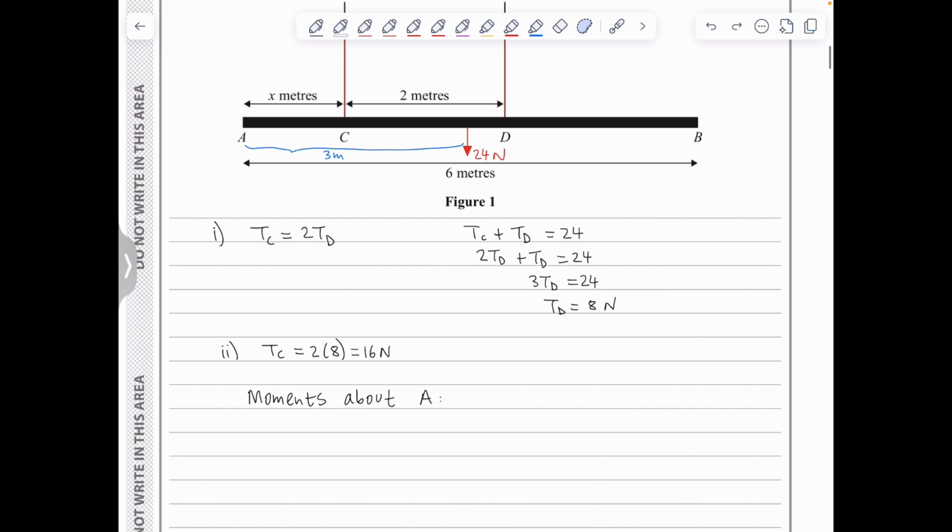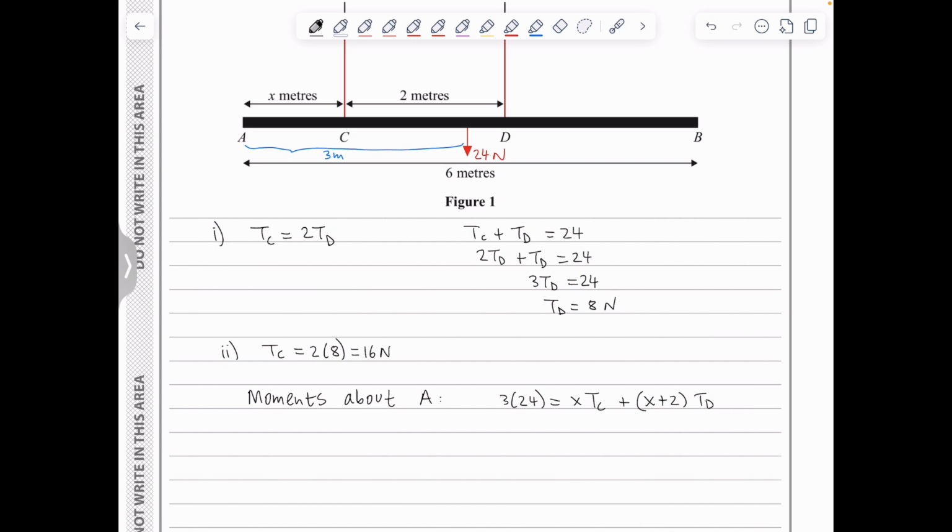So we've got that the clockwise moment is the 24 newtons acting at a distance of 3 meters. So we've got 3 times 24, which is equal to the anti-clockwise moment, which is x times TC plus x plus 2 times the TD.